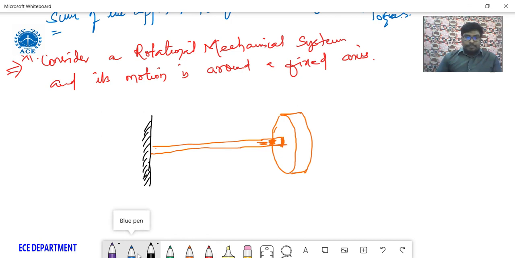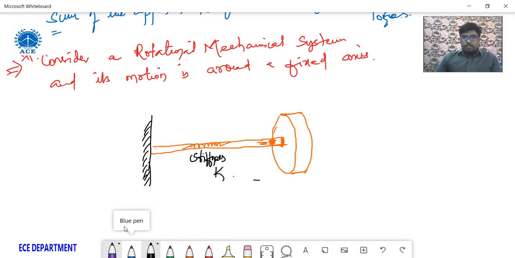Let us see, this one will be stiffness, I can say inside we have a spring element. Okay, and which is represented with what? K, right?